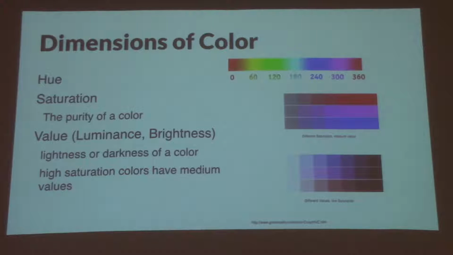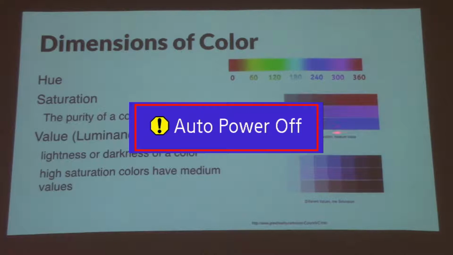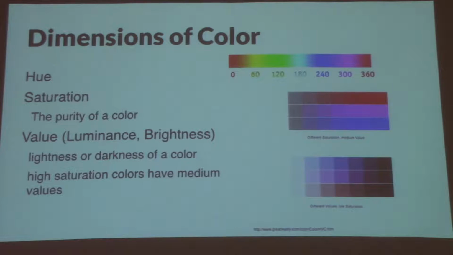Color has a couple of dimensions. First it has hue, and if we talk about color in a colloquial sense, we usually mean the hue. These would be the different hues. Then it also has a saturation: how pure is it? For example, here we would have different saturations of red, different saturations of purple, and different saturations of blue, going from gray to more of this color.